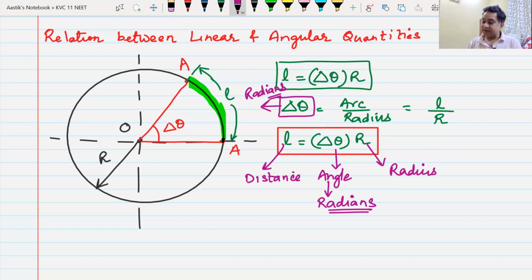Do we understand this? This is the first thing that you must understand: the relation between distance and angle covered.